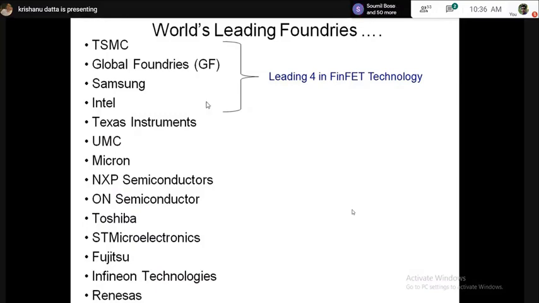Now the question is, then how is this industry so big? What happens is that out of all these manufacturing companies, most of them are design companies also. For example, Intel designs and manufactures, Texas Instruments designs and manufactures, Micron designs and manufactures. These big companies give some small project like a block or module to small and medium-sized companies. They make those blocks and give them back to big companies.